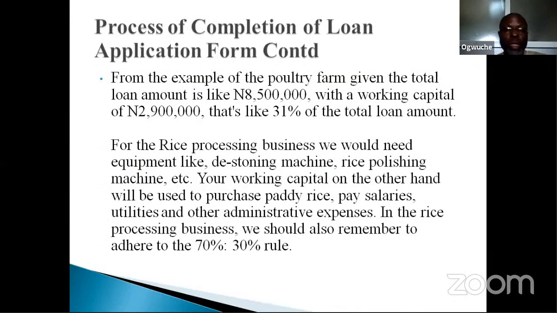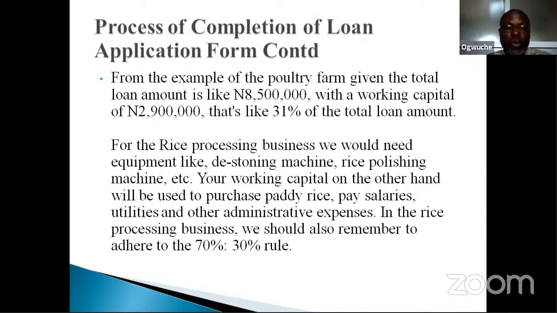Right. So okay, now we have looked at an example of the poultry farm. So let's look at an SME. For the SME, we're looking at rice processing business. Okay, rice processing is not agriculture. Rice processing is entirely an SME. Okay, for rice processing, we need equipment like the stoning machine and the rice polishing machine.